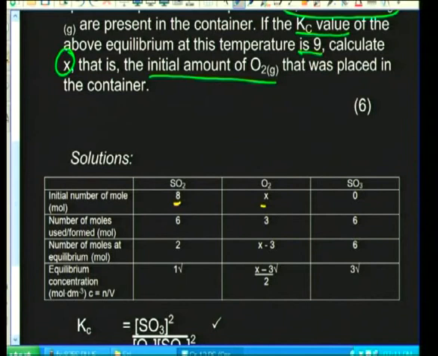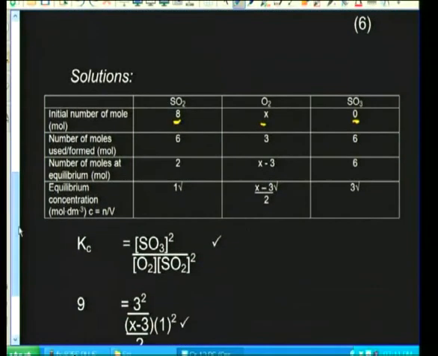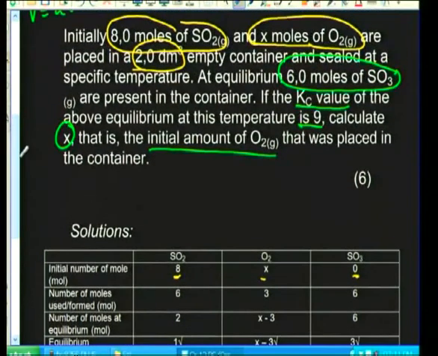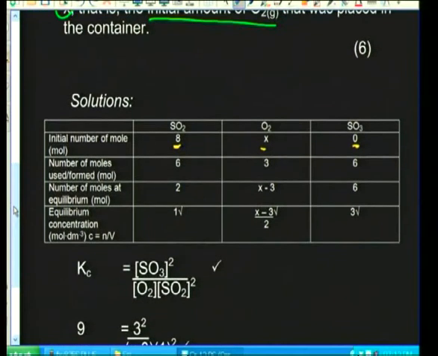X moles of oxygen, and it was an empty container, so 0 moles of SO3. The number of moles either used or formed, well, I'm going to have to work this out, but let's figure out where we put the 6 moles formed at equilibrium. So my next row on my table is the number of moles that are formed: 6 moles of SO3 was formed.